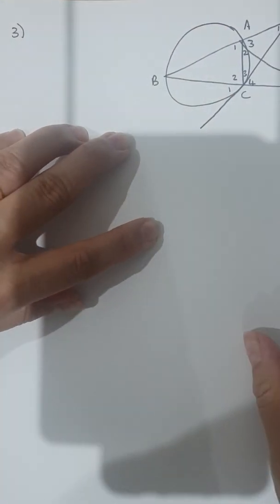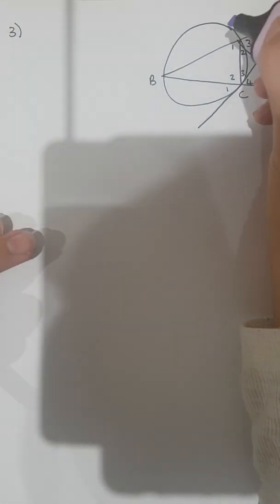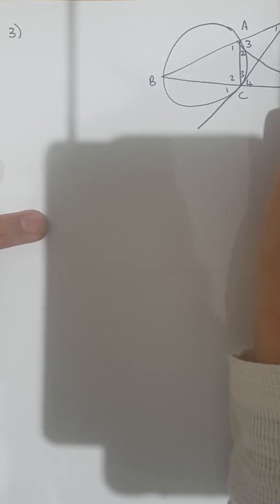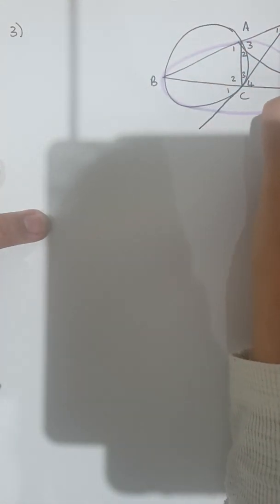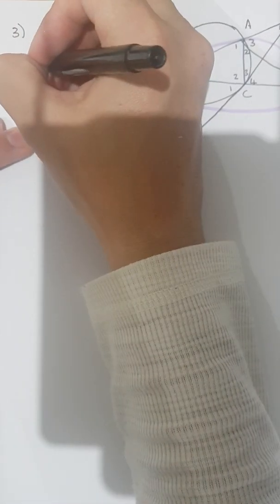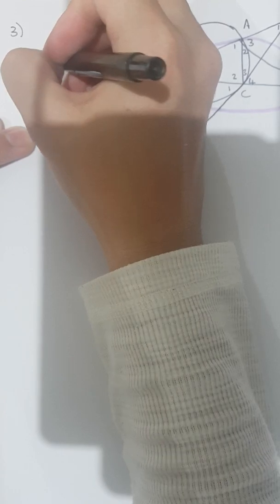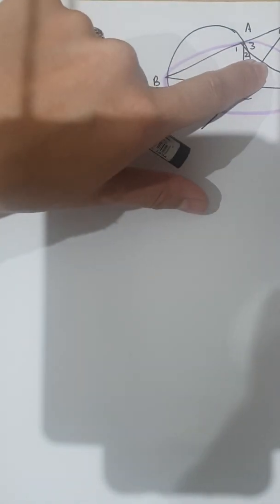Okay, the next question, they say prove that PQ is a tangent to circle ABQ. So there's actually an imaginary circle there. What I actually have to prove is that this is a tangent.